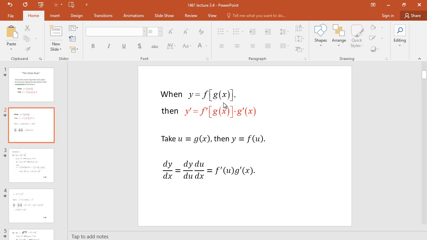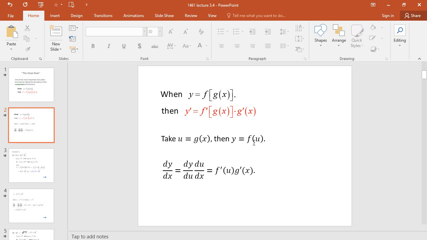Here y is a function of x, so we are trying to find dy dx. The derivative of y with respect to x can be written as f prime of u multiplied by g prime of x. So remember, g of x is u. So this is f prime of u multiplied by g prime of x.